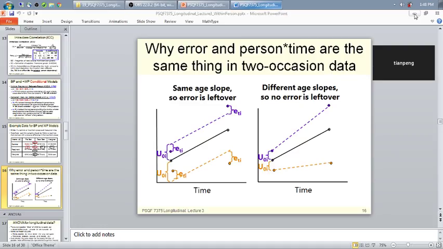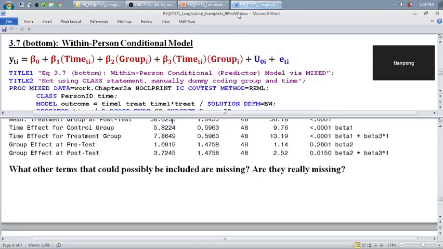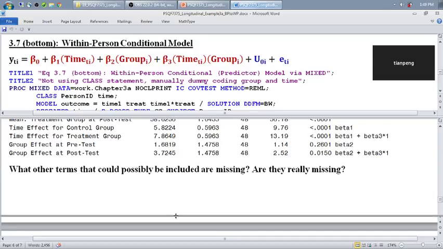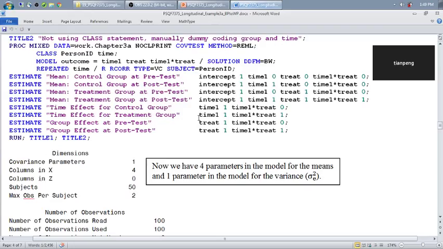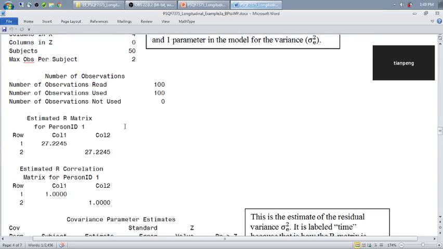It's still about the between person conditional model. I thought, well, initially I didn't pay attention to the degrees of freedom. I thought it was just a regular linear regression, but if we run this model using proc REG, I think the observations used will be 100.